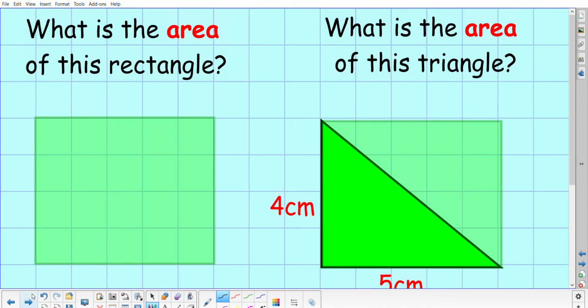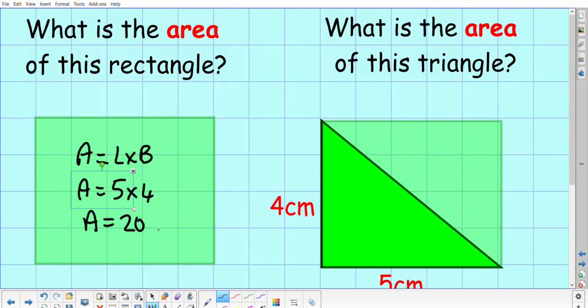What we're going to look at today is what about a triangle. Now in the picture that you've got there, hopefully you can see that this rectangle, which measures 5 squares along one edge by 4 down the other, is made up of 20 squares, so its area would be said to be 20 square centimetres.